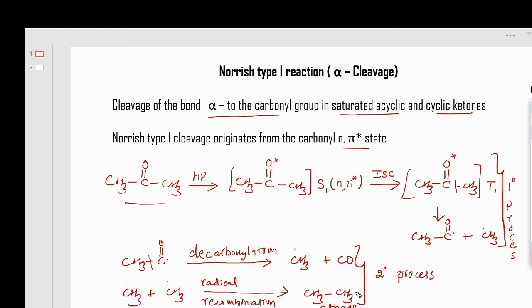Now let's move on to another example of Norrish type 1 using cyclic ketones. I will take the example of a cyclic ketone.